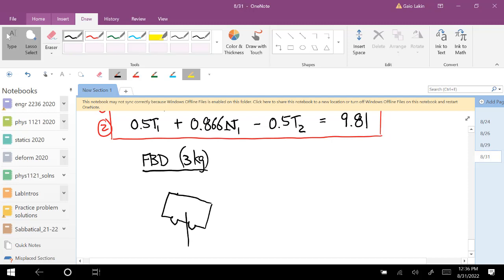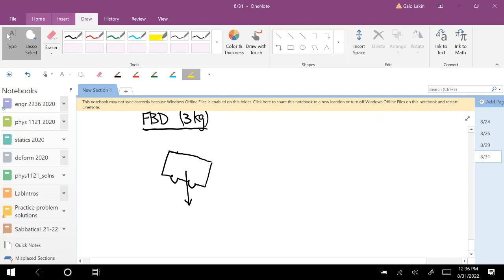There's a weight force of 3 times 9.81, so 29.43. There's a frictionless contact at the wheels. I'll call that N2.